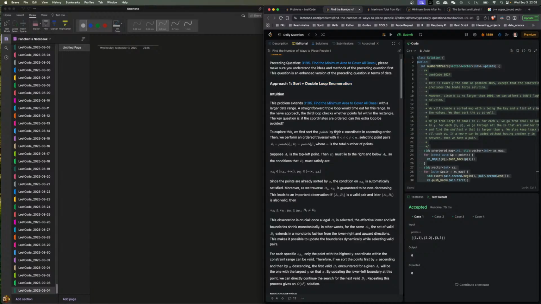Okay, we sort points by their x-coordinate in ascending order. Now we perform an ordered traversal. Suppose A is the top left, then B must lie to the right and below.